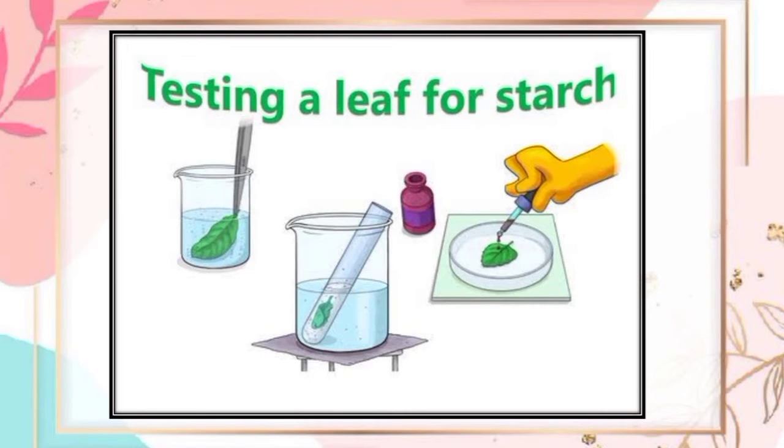Second step, now pluck a leaf from this plant and boil it in water. Then dip it in spirit and wash it in cold water. Third step, now put a few drops of iodine solution on the leaf. Observation: the color of the leaf does not change.